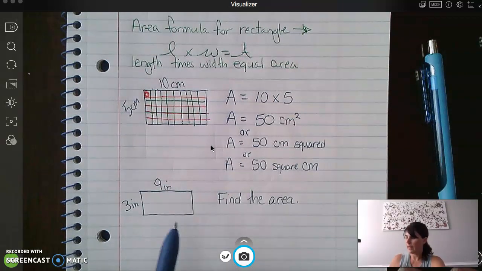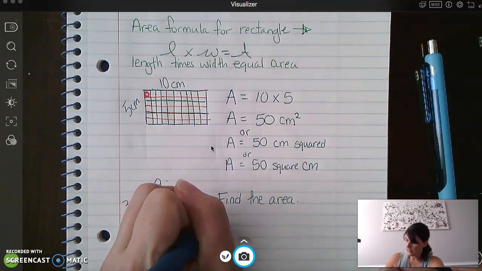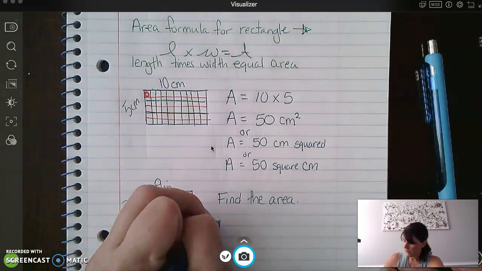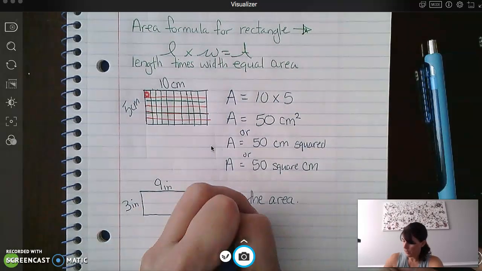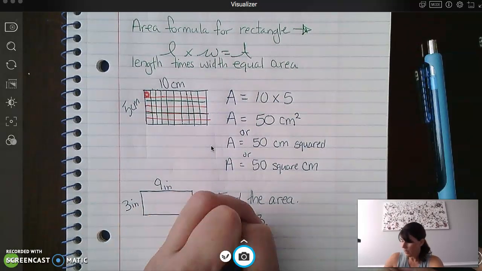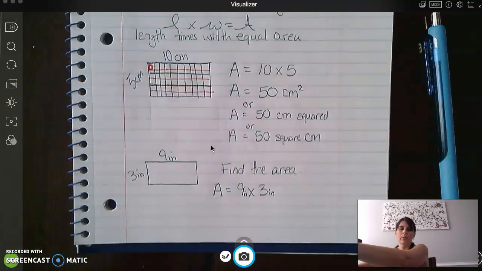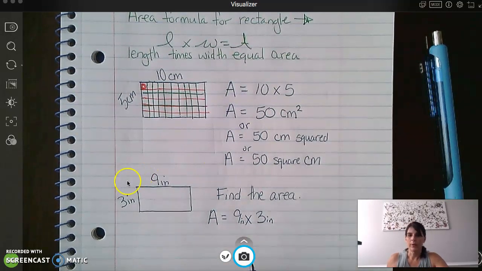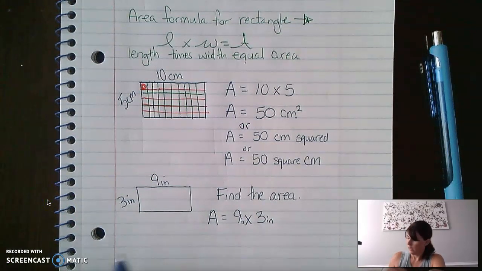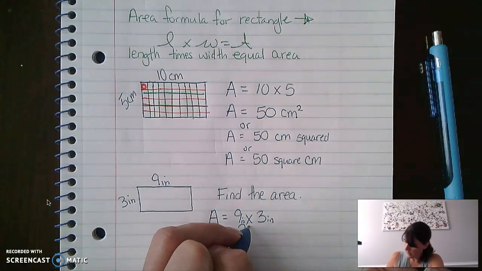So I need to find the length times the width to get my area. The length is 9, so the area is going to equal 9 times the width, which is 3. And if I want to carry my measurements all the way around with me, I can, or I can put them back on the end. That's up to you. So 9 times 3 equals 27. So my area equals 27.